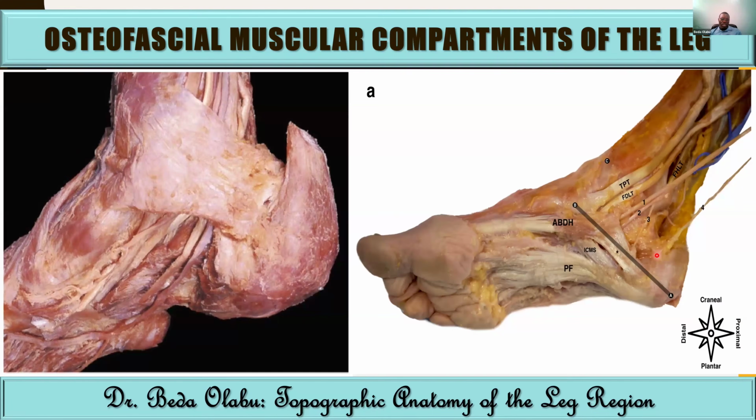As the deep structures cross the ankle, they'll be anchored by the flexor retinaculum. This is the flexor retinaculum. And so we'll have some tendons there that anchor them around this region that we call the tarsal tunnel. And these are the tendons. So the tendon of tibialis posterior. This is the flexor digitorum longus tendon.